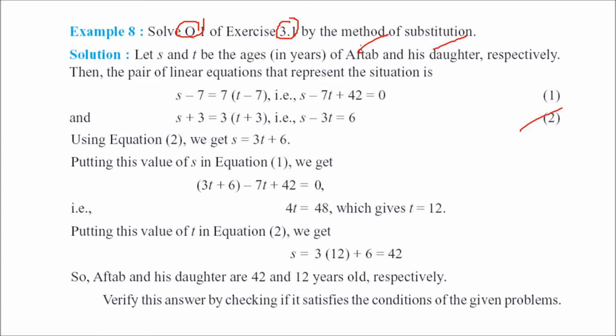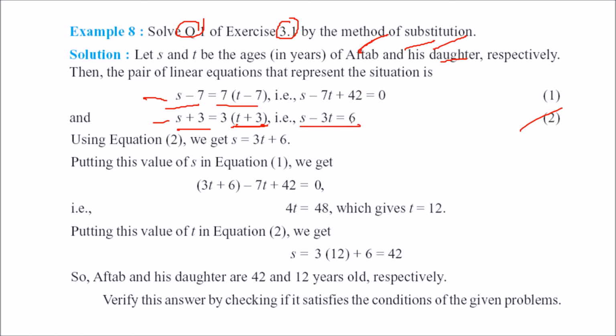If s is the age of Aftab and t is the age of Aftab's daughter, then the age of the daughter 7 years ago is 7 times the age of Aftab, and after 3 years, thrice the age of the daughter will be the age of Aftab. So this is what we can make easily, and now let us solve it.